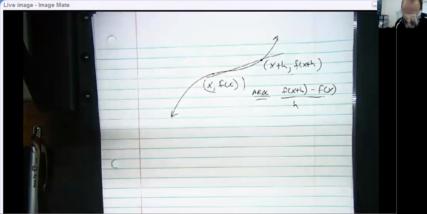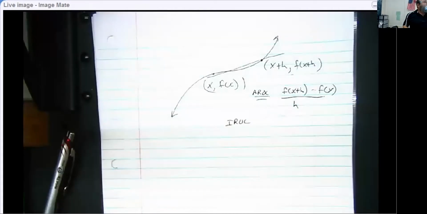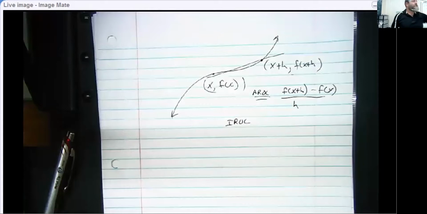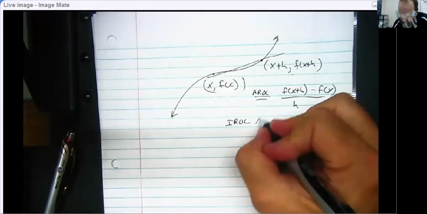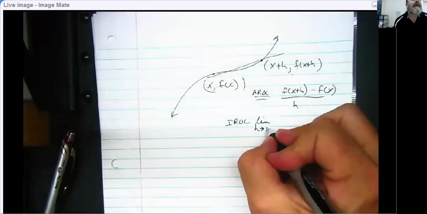Because what I'm doing right now is I'm honoring that h is the separation between the 2 points that I've moved over. And if I want to go to IROC, what changed it from average to instantaneous? I put a limit on it, and what do I make that h? I suck those points closer and closer together, and I add the idea that I want the limit as h goes to... What would make those 2 points really close together?